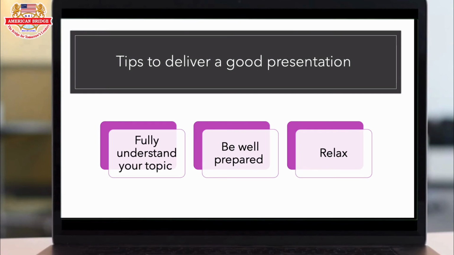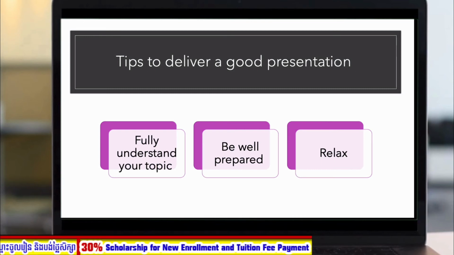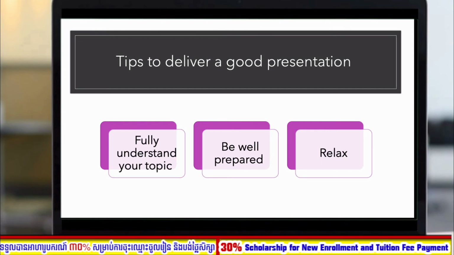When you talk about your favorite person or your favorite teacher, you have to clearly understand the qualities of the person. When you talk about any particular topic, make sure you fully understand what you are talking about. If you read it, read to understand the whole points.